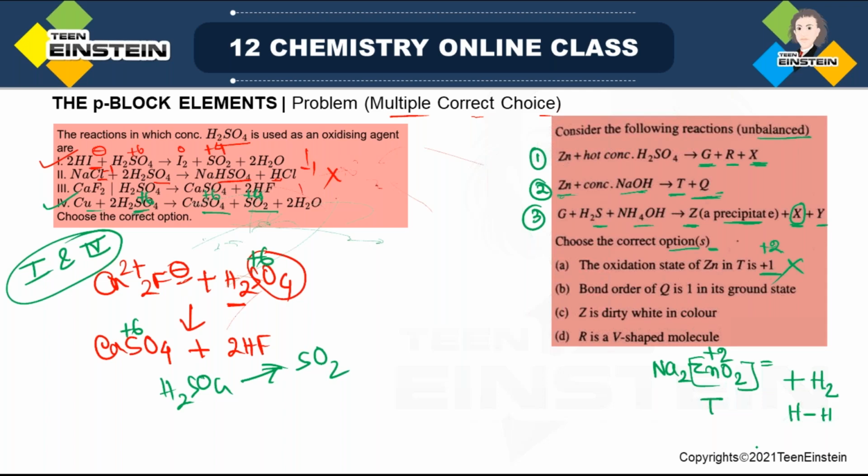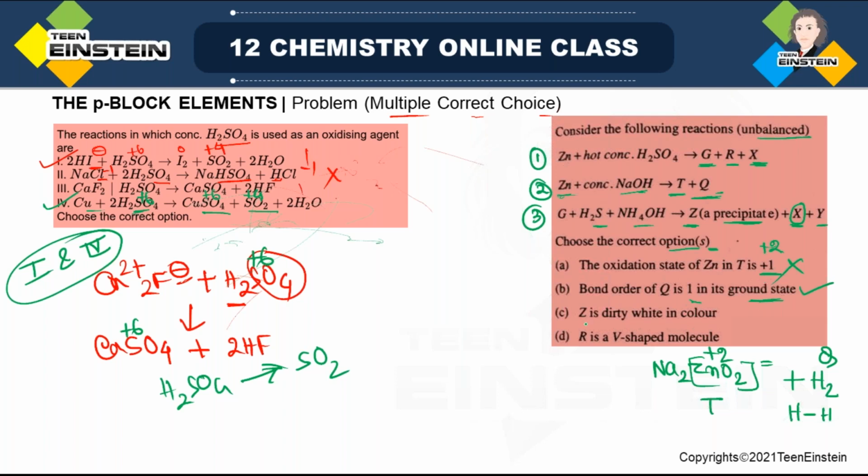Suppose there are 3 bonds, just take the example of acetylene, there are 3 bonds between the two carbons, it is a triple bond. So in that case, you will say that the bond order is 3. But here there is only one bond, so the bond order is 1. So this statement, that Q has bond order 1 in its ground state, that is under normal conditions, is also correct because the bond order is 1.